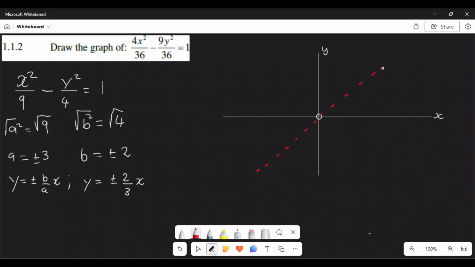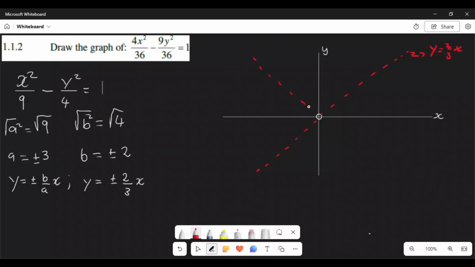This graph here is y equals, if it's like this, the gradient is positive, 2 over 3x, right? And then the other one is going to go this way, let me try to make it that way.